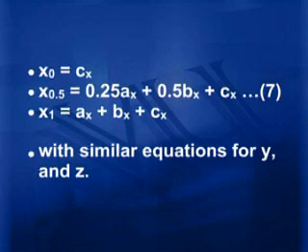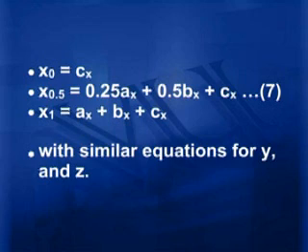You can see that when we put u equals 0, the terms involving u become 0, and hence x0 is left to be equal to cx alone. But when we replace u with 0.5, the same expression yields x 0.5 to be equal to 0.25, which is u square, 0.5 squared, times ax plus u bx, which is 0.5 bx plus cx.